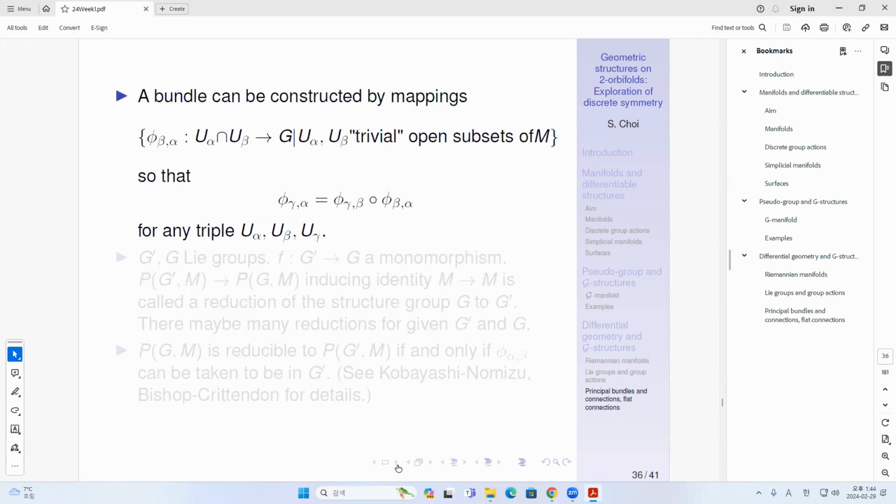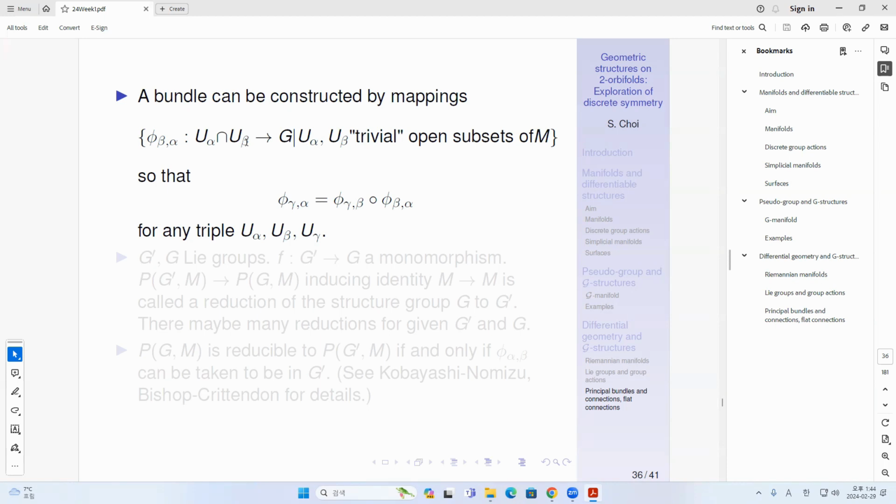So that's a principal bundle. Also the bundle can be constructed by this kind of mapping. You cover M by some open sets, not all open sets, but some open sets.